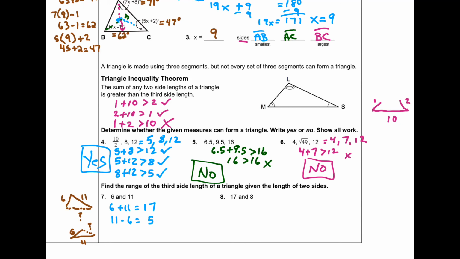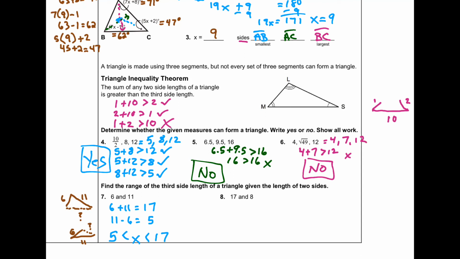So now, find the range of the third side length of a triangle given the length of the two sides. Well, I know that it's got to be between 5 and 17. So we're going to write that the side we're looking for, x, is in between 5 and 17.